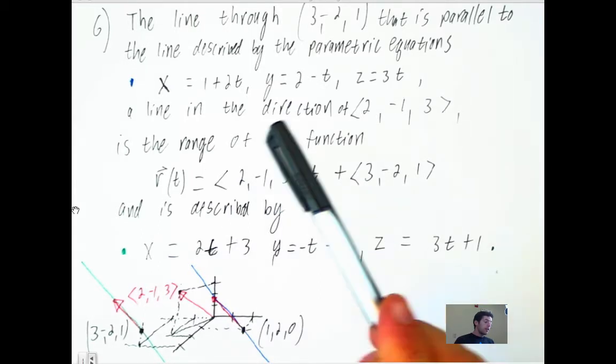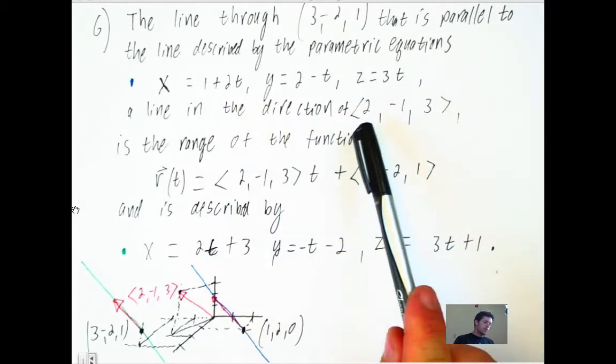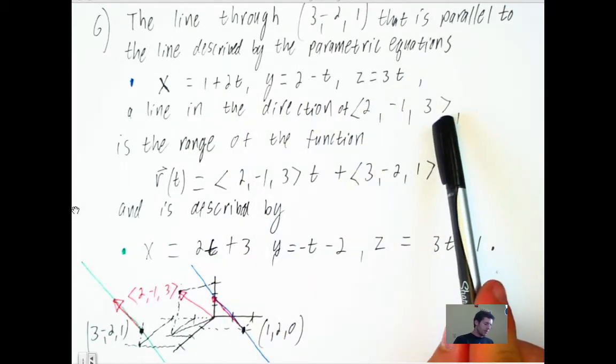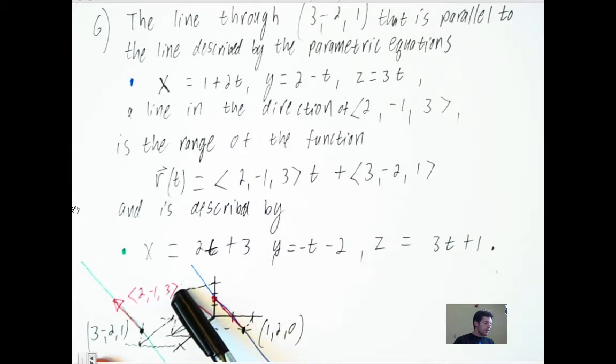Okay, so I picked off the direction of this line in the form of a vector, and that was this right here. So I looked at this blue line and figured out the direction from the parametric equations. And then once I figured out that direction, I attached it to a new initial point and gave a parametric description of this.